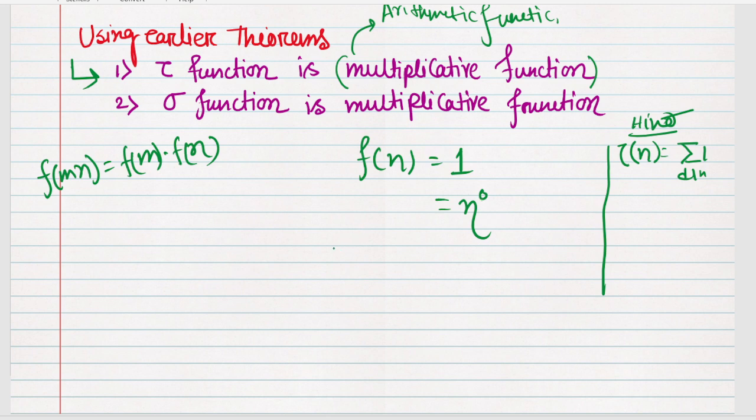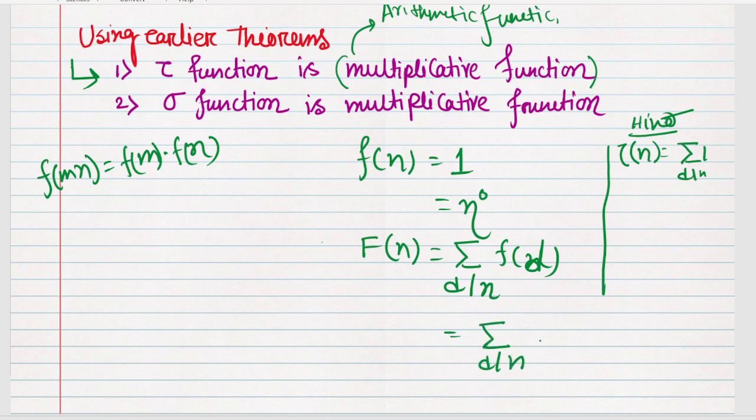Then F of n equals summation d divides n f of d equals summation of 1, which is our tau function. So we can say that tau of n is a multiplicative function.